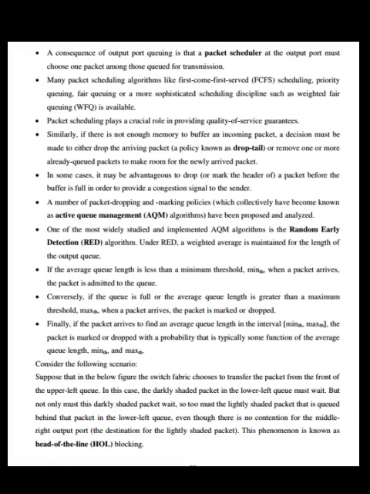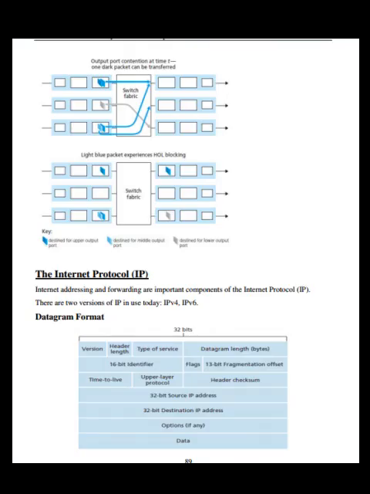Even though there is no contention for the middle right output port, the destination for the lightly shaded packet, this phenomenon is known as head of the line blocking. See the figures here.